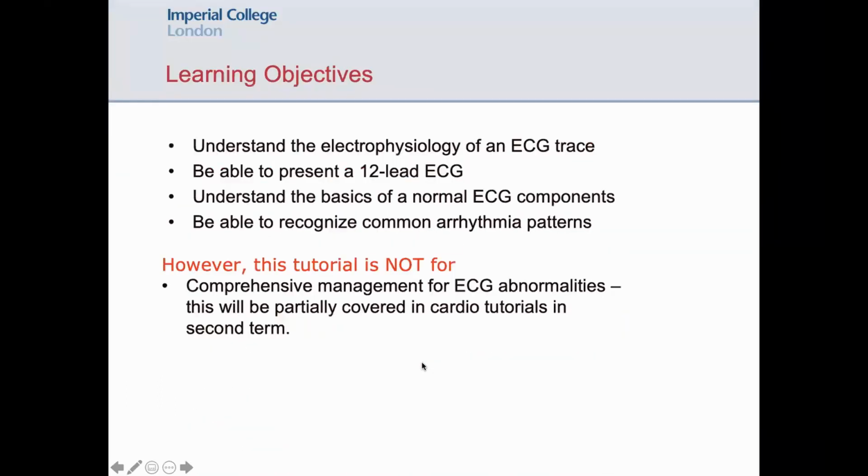So I've got some learning objectives so we know what to get out of this tutorial. By the end of the tutorial, I want us all to be able to present a 12-lead ECG, understand some of the electrophysiology of an ECG trace, understand what composes a normal ECG, and be able to recognize some of the common arrhythmia patterns that you might be presented with at the end of your cardio station in OSCE.